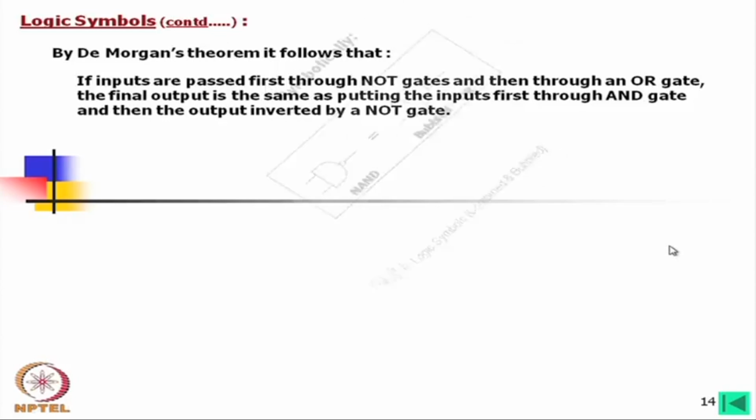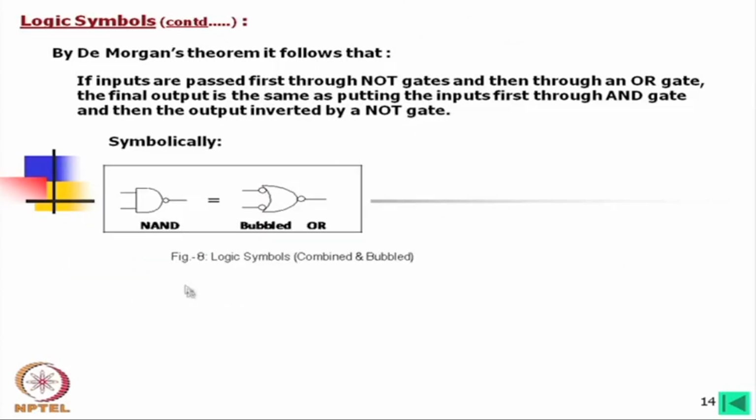So, using De Morgan theorems we have already learned, symbolically NAND is equal to bubbled OR. Say this output we have written here NAND, and this can be given as bubbled OR. What is it? Input and NOT, this input and NOT, and then the output is OR. This is your OR connection. So, we get bubbled OR.